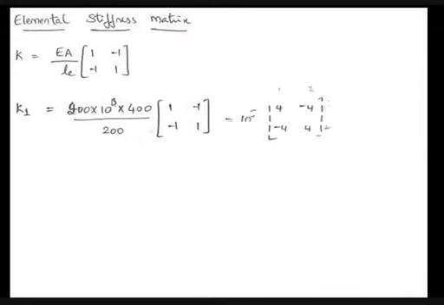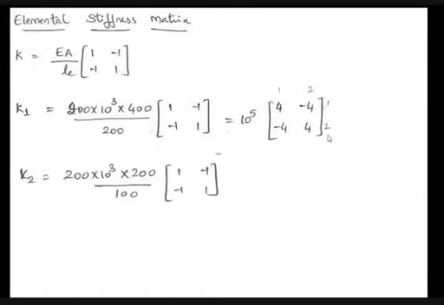Simplify this. We will be getting 4 into 10 to the power of 5. I'll take 10 to the power of 5 as common, remaining with [4, -4; -4, 4]. The element 1 is associated with nodes 1 and 2, so I'll write 1, 2, 1, 2.